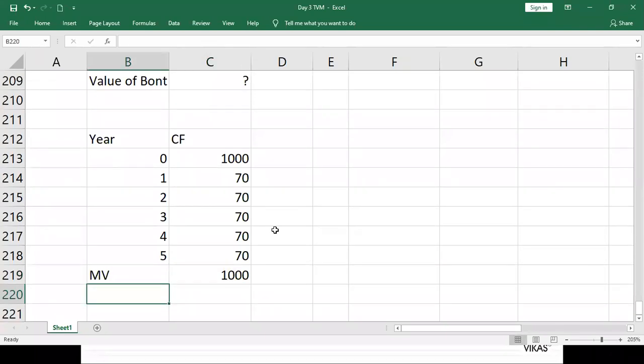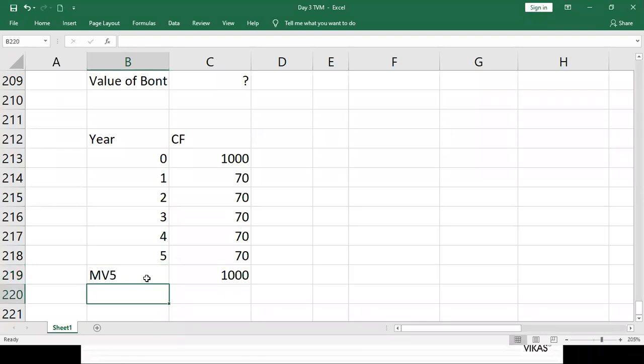In this example, they do not specifically indicate the maturity value. Therefore, we have to assume that the maturity value is equal to its par value. Therefore, the maturity value is 1,000. In which year will you receive this 1,000 rupees? End of which year? 5th year, good.